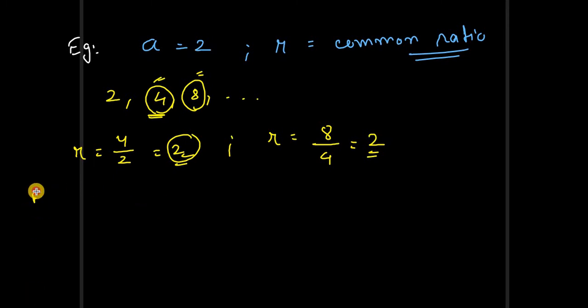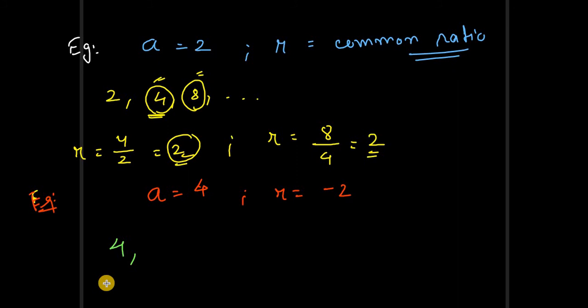Let's take one more example. Now we have to find the sequence if my first term is, let's say, 4 and my common ratio is, let's say, -2. So what will our geometric sequence be? The first term is 4, so we'll write 4.